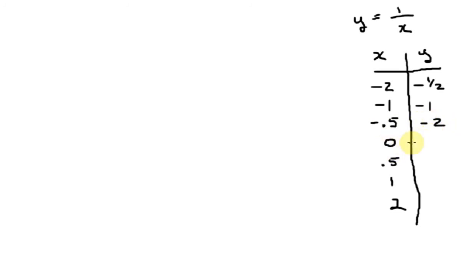Now, when you go 1 divided by 0, you're going to get error or undefined. So this is not obviously going to be a point. If we plug in 0.5, 1 divided by 0.5, you should get +2. 1 divided by 1 is 1, and 1 divided by 2 is 1/2. Okay, so now we've got our table of values ready to go.